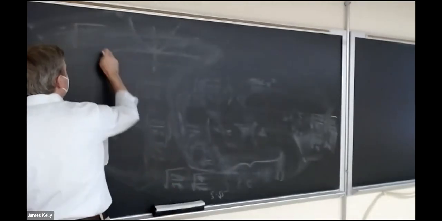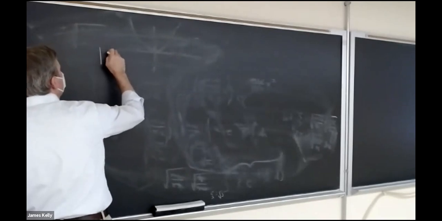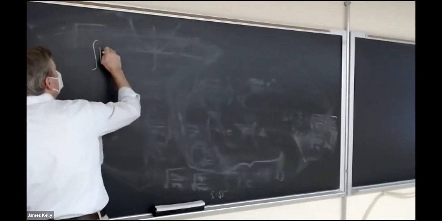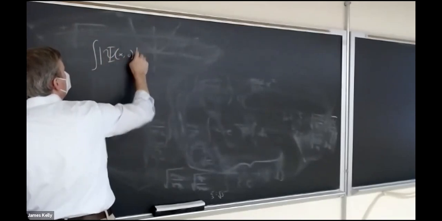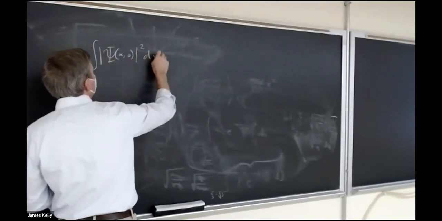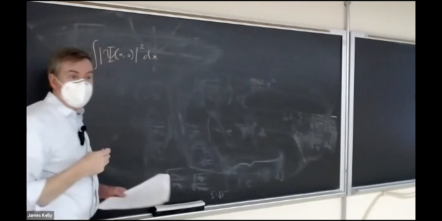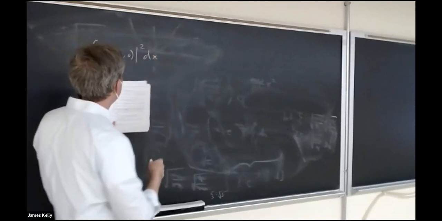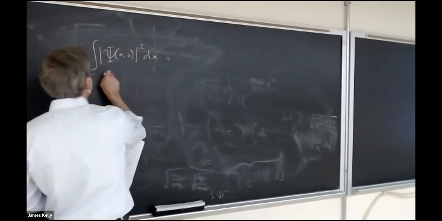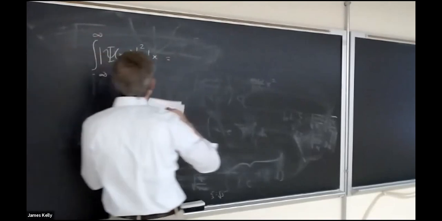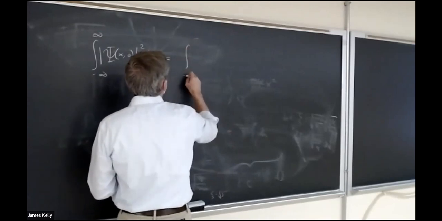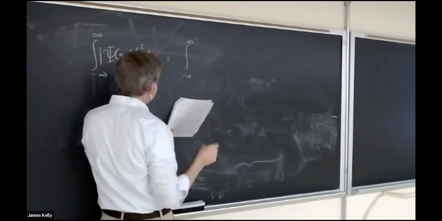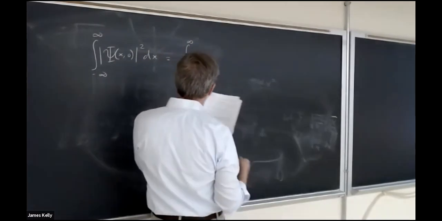Let's demand that the integral of the magnitude of psi at time t equals 0, squared, equals 1. And when I put in the expression there, we get the integral from minus infinity to infinity at 0.